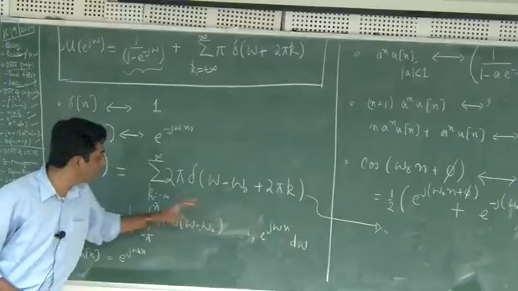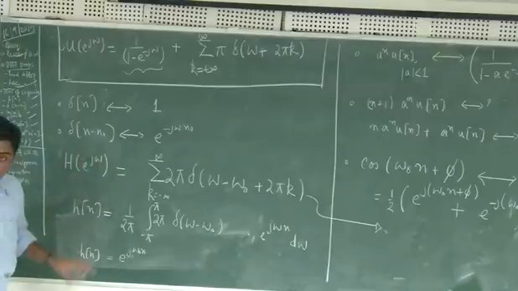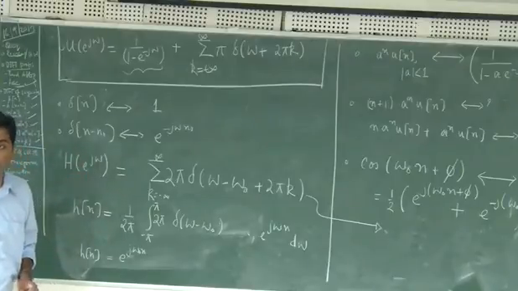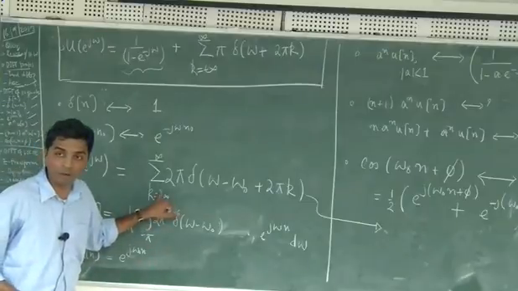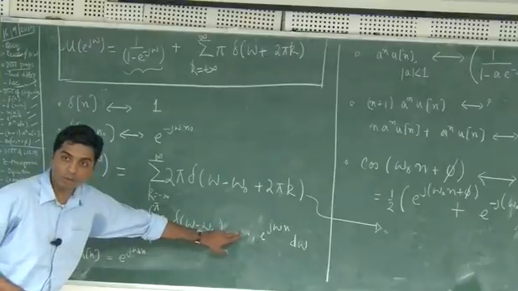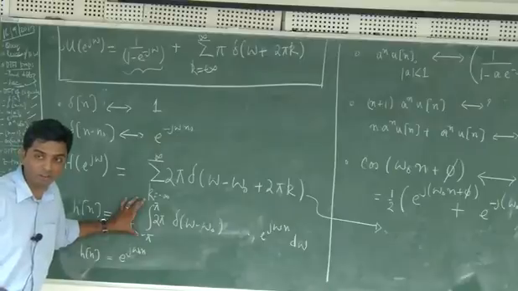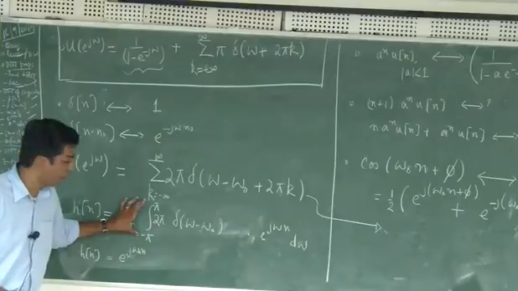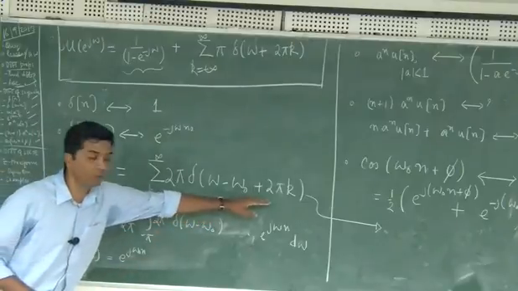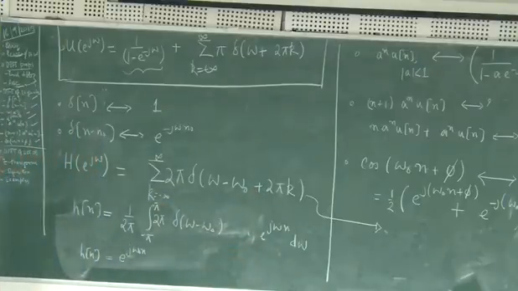So the sigma is to make sure that your h of e to the j omega satisfies the property that it is periodic with period 2 pi, and that is why we have this summation here. And if you remember, I erased this thing from here. The reason for that is because we want to only look at one period of h of e to the j omega. And so from here we come here. But to answer your question, this is to ensure the periodicity of the DTFT. Yes.